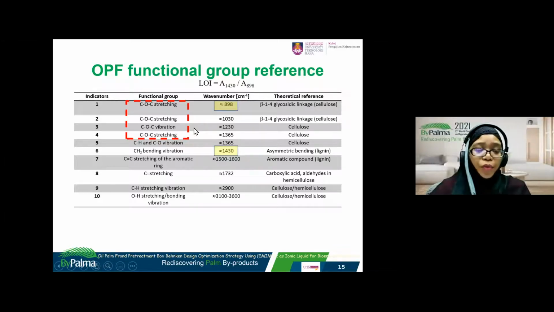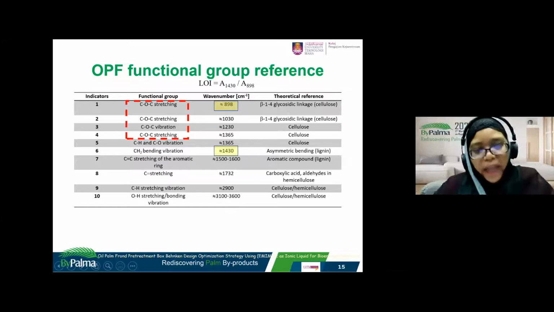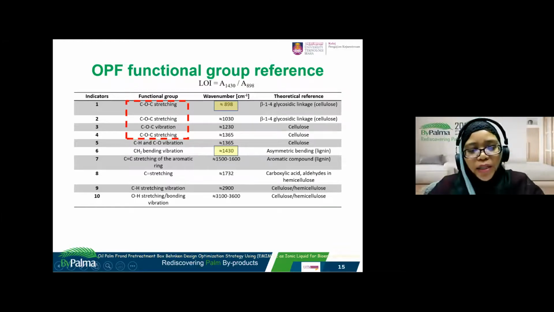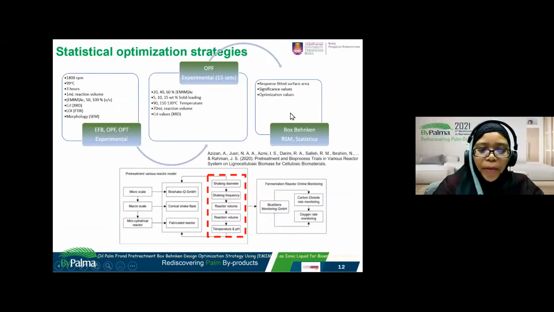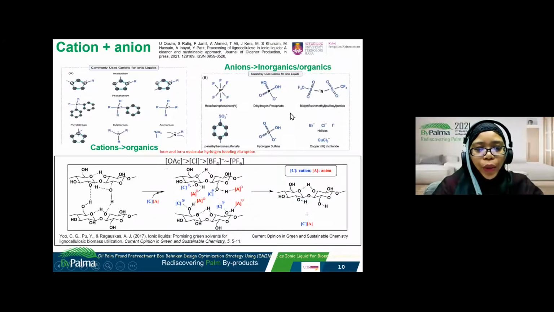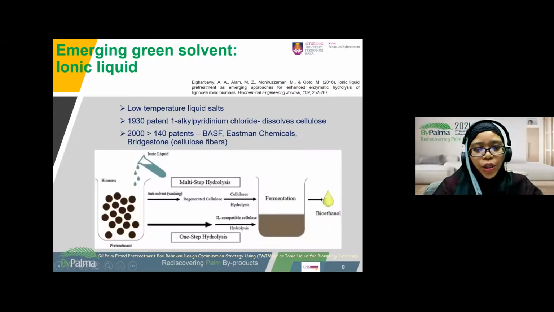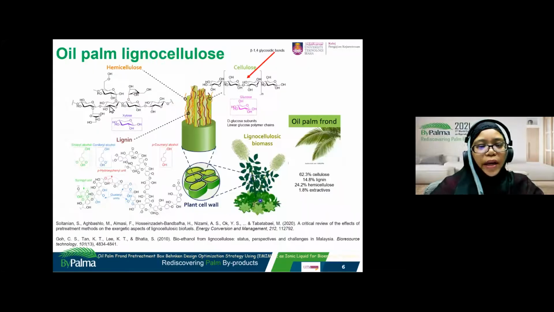Mainly, overall, you could see the stretching and the vibration of the beta-1,4 glycosidic linkages. I forgot to mention, when we were at the slide showing the lignocellulosic biomass, the cellulose, I'm going to go back to that slide showing you the linkage here. The important linkage here is the beta-1,4 glycosidic linkage, connecting the D-glucose subunits.